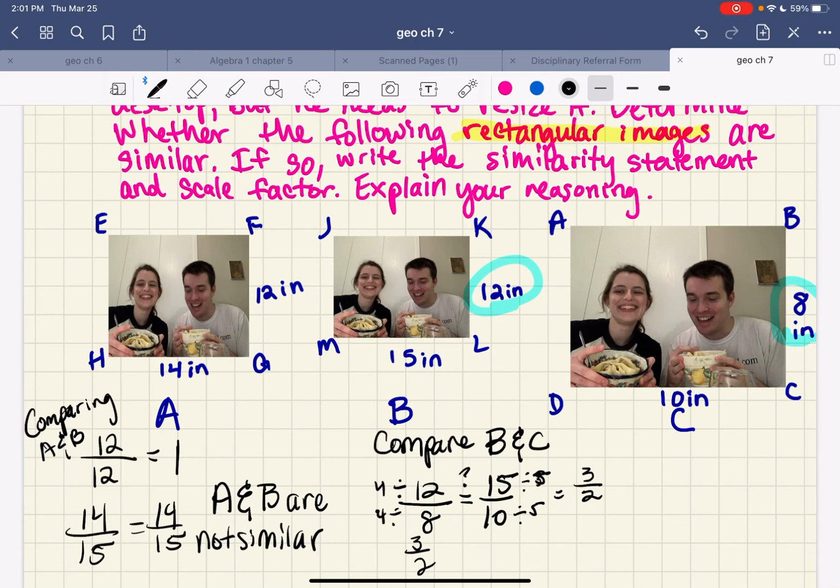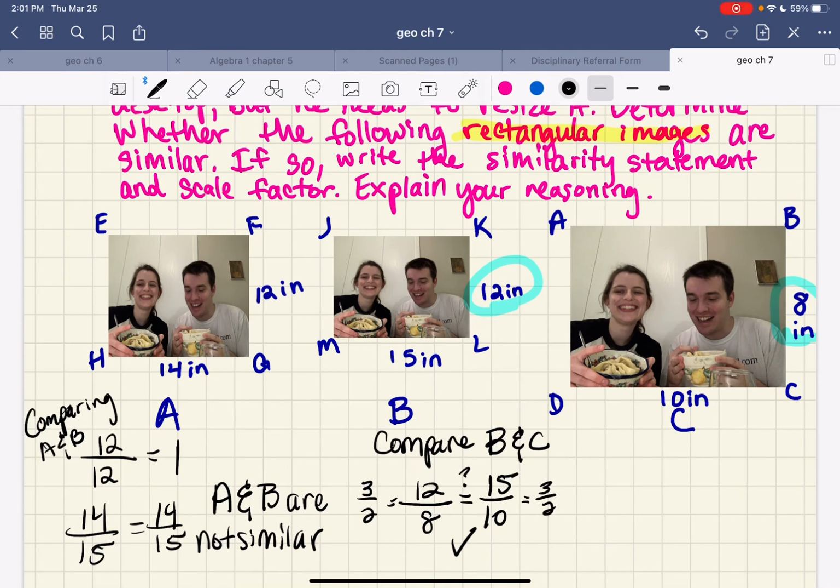So that means that these are in fact proportional ratios. So this equals 3 over 2. And this equals 3 over 2. So yes, these are proportional. So B and C are similar.